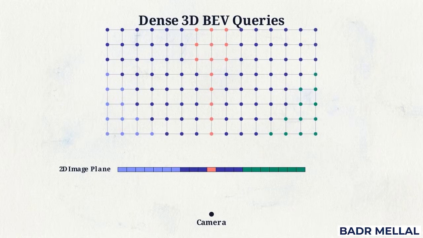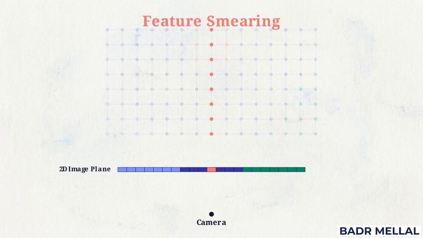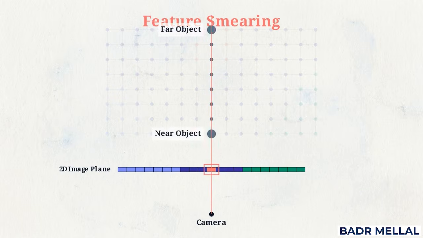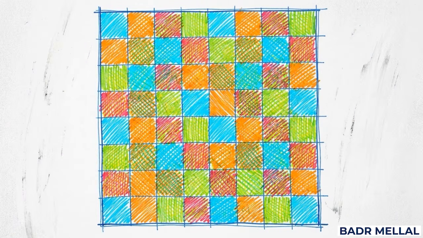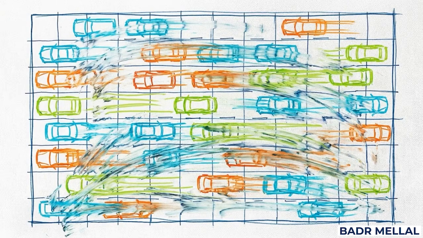This solves the empty space problem, but introduces feature smearing. Because multiple 3D queries on the same projection ray intersect the identical 2D pixel, they fetch the exact same image features. The network assigns identical data to points at vastly different depths. Backward projection guarantees a dense representation and ignores empty space, but it introduces severe geometric ambiguity because it operates without explicit depth awareness.